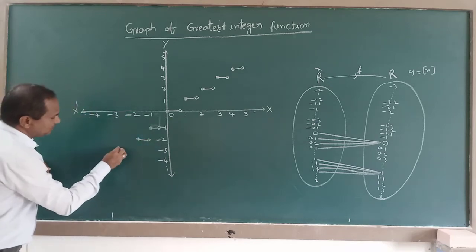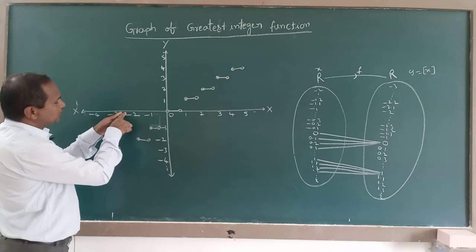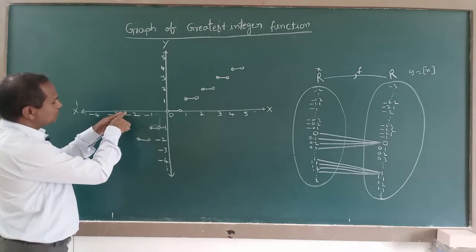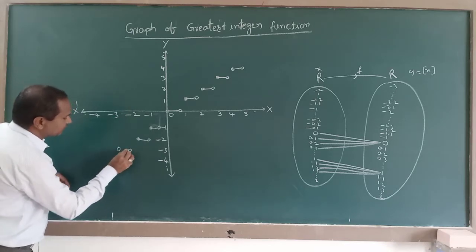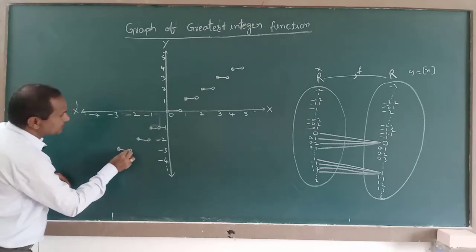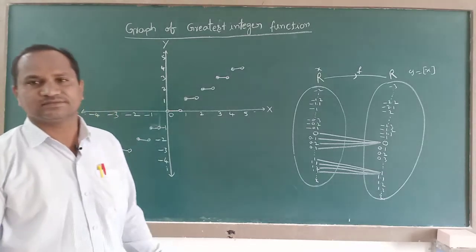Next minus 3 to minus 2 exact. Here also minus 2.5, minus 2.4, minus 2.3, minus 2.21, to all these the function value is minus 3 only. Like that we will see some steps in the case of the greatest integer function.